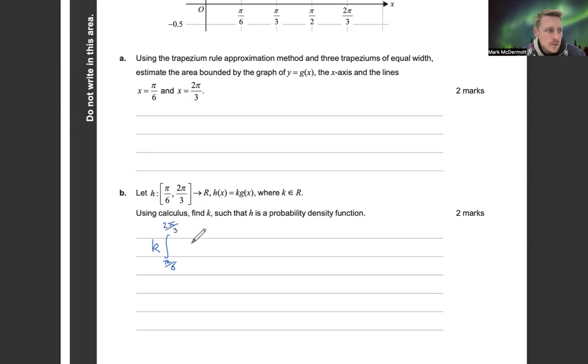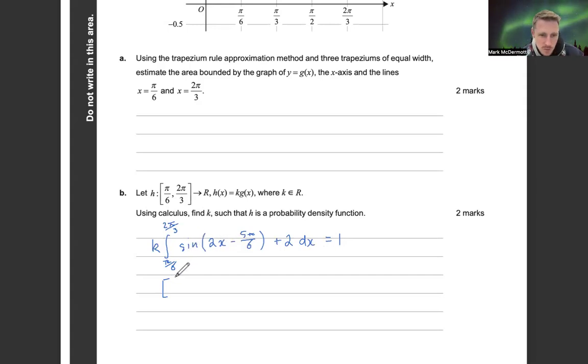Of sine, I'm going to write out the function. The function is sine of 2x minus 5 pi on 6 plus 2 dx. And we need that to equal 1, because it's a probability density function. Now, this is non-calc, so you need to be very careful. You need to take the integral of sine(2x minus 5 pi on 6).